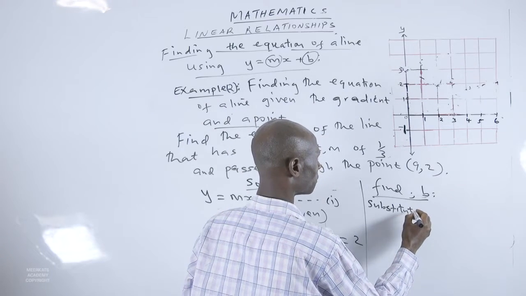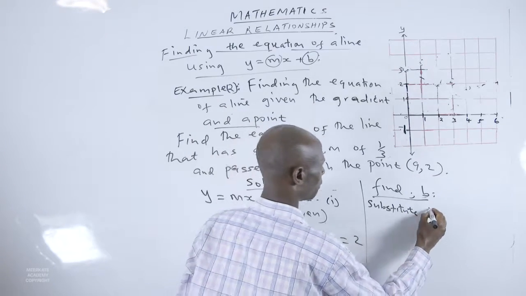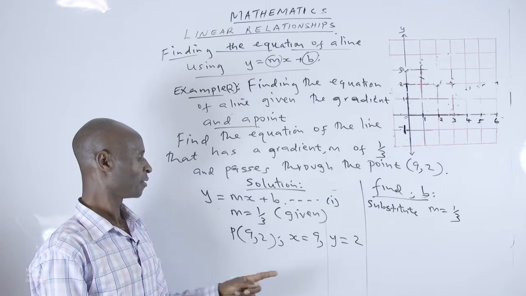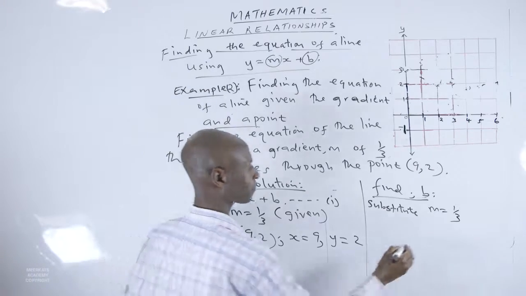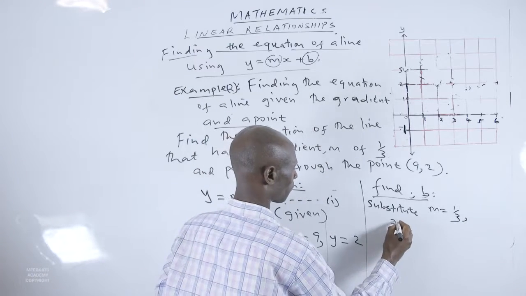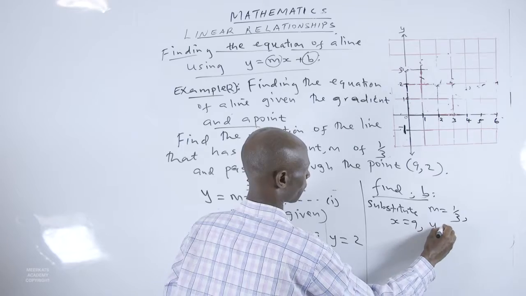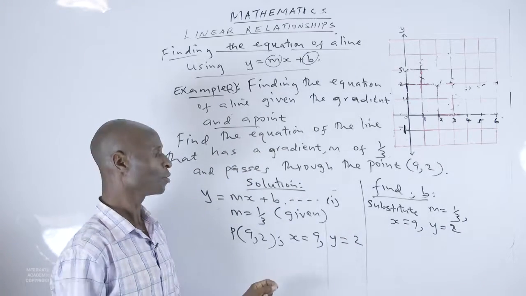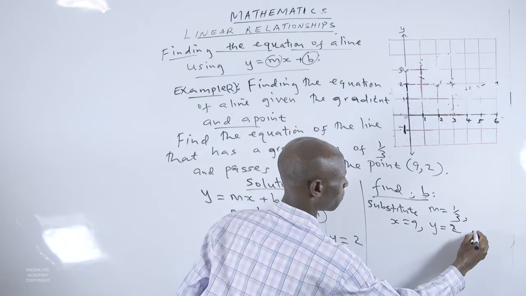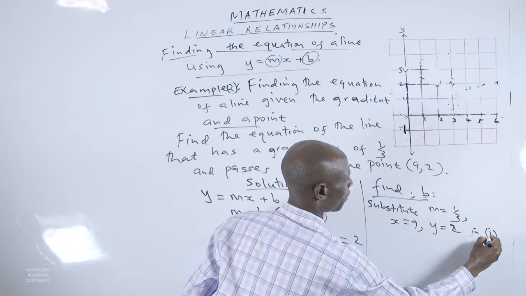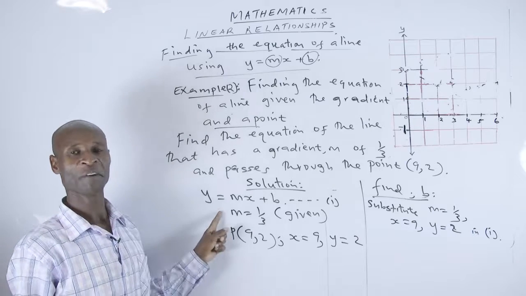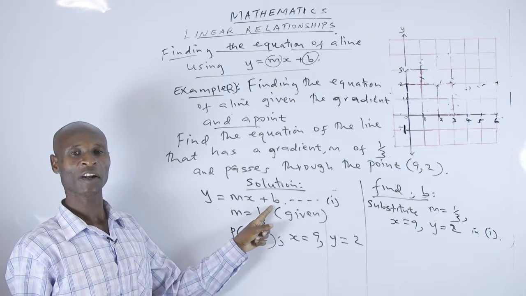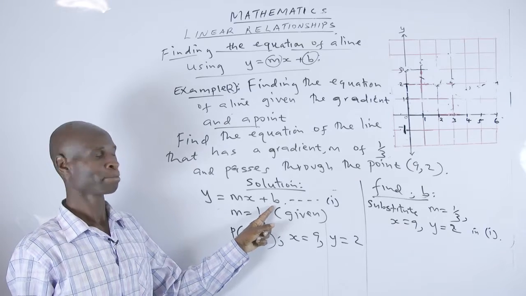Substitute m is a third, x is 9 and y is 2 in 1. In 1, where 1 means y is equal to mx plus b, which is the general equation of any straight line.